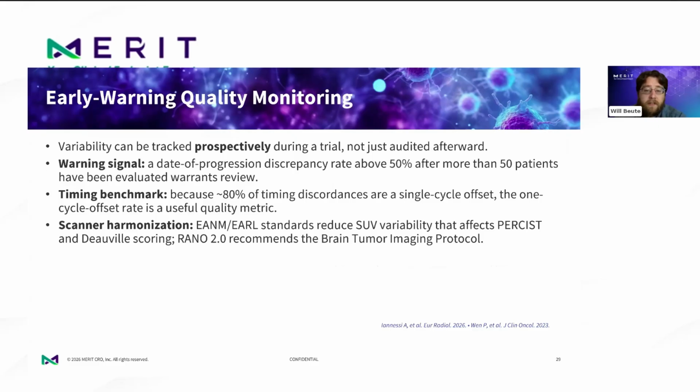And one thing I want to emphasize is that variability can be tracked prospectively during a trial, not just audited after the fact. That's a shift from treating it as a post hoc problem to managing it in real time. For example, a useful warning signal is a data progression discrepancy rate above 50% or so once you've evaluated more than 50 patients.